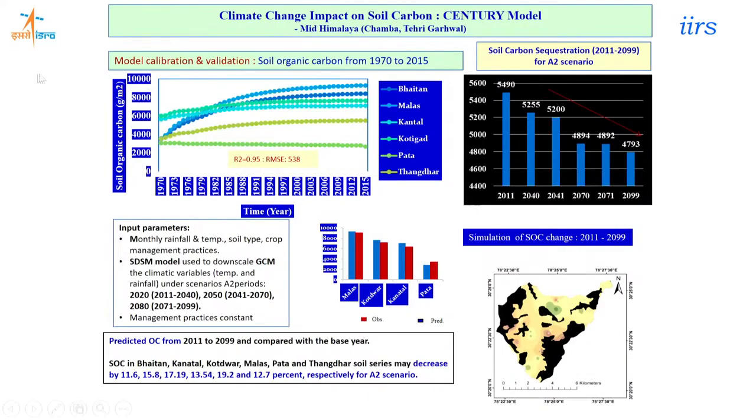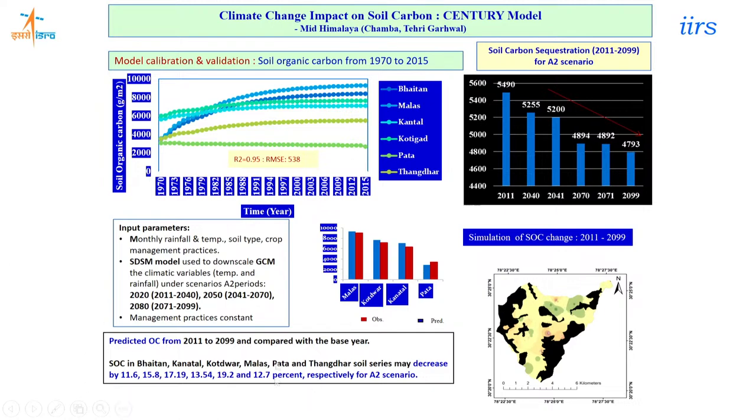We can also use it to see how in the future carbon will decrease or reduce in our soils. So here we use the Century model to simulate from 2011 to 2099, or the 21st century. At the end, in the year 2099, we found that the organic carbon is going to decrease regularly, and from 5490 it will reduce to 4793.